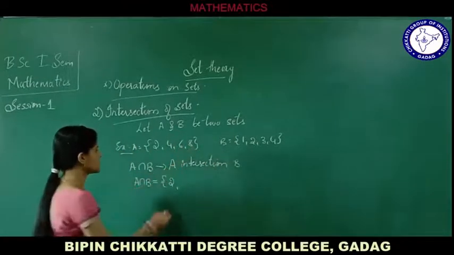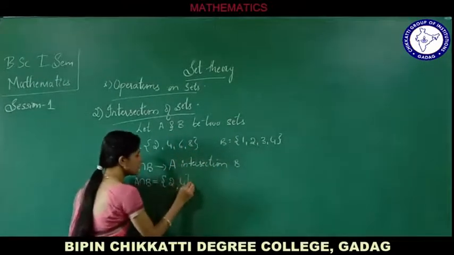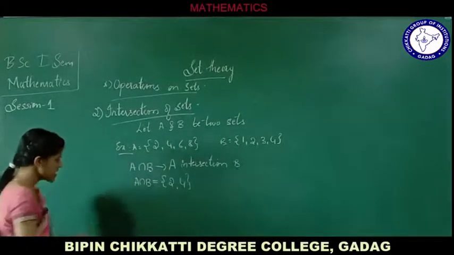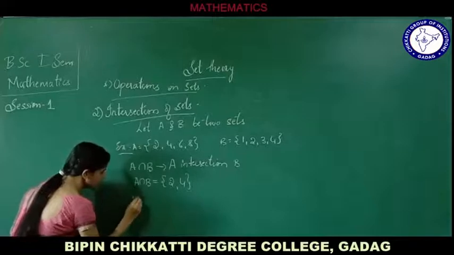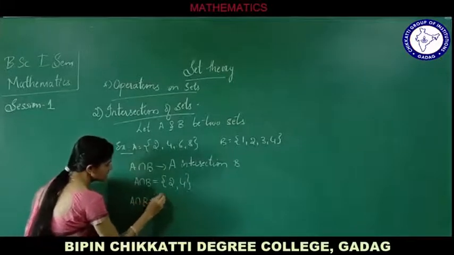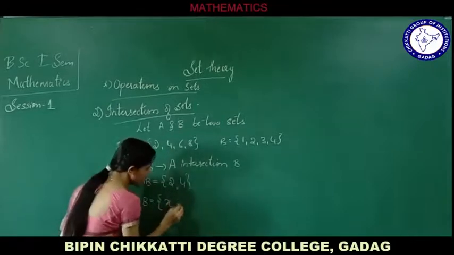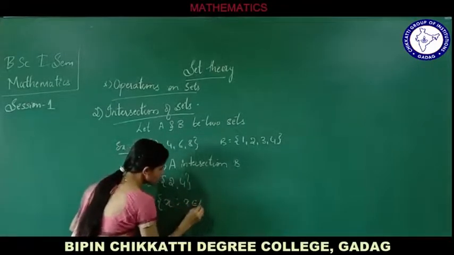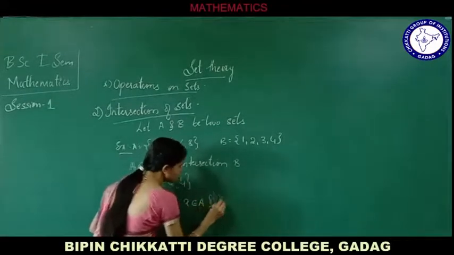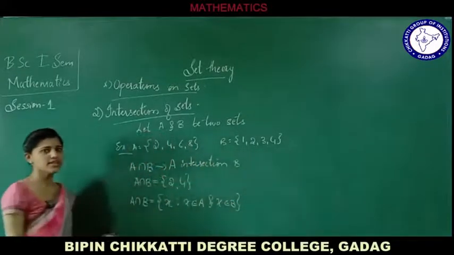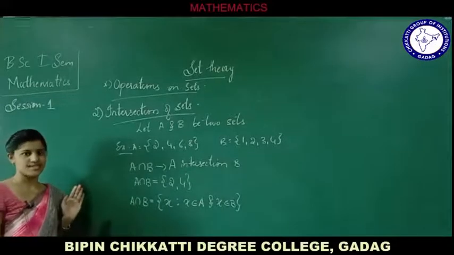Therefore our answer should be 2 and 4. So generally how can we define intersection of sets? A intersection B is defined as X such that X belongs to A and X belongs to B. This is our condition for the intersection of sets.